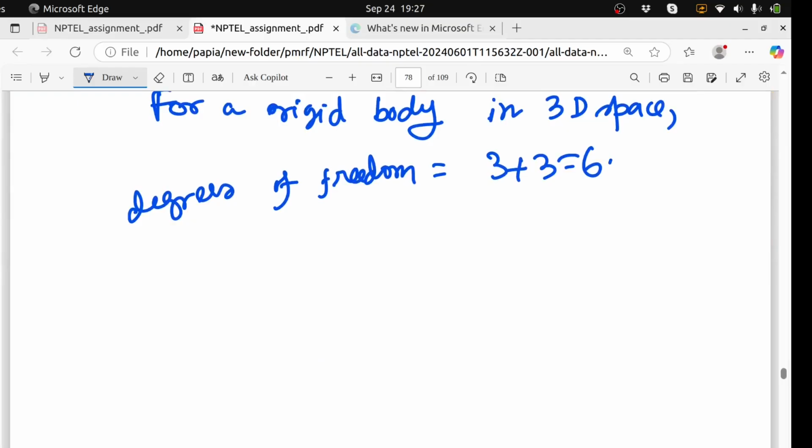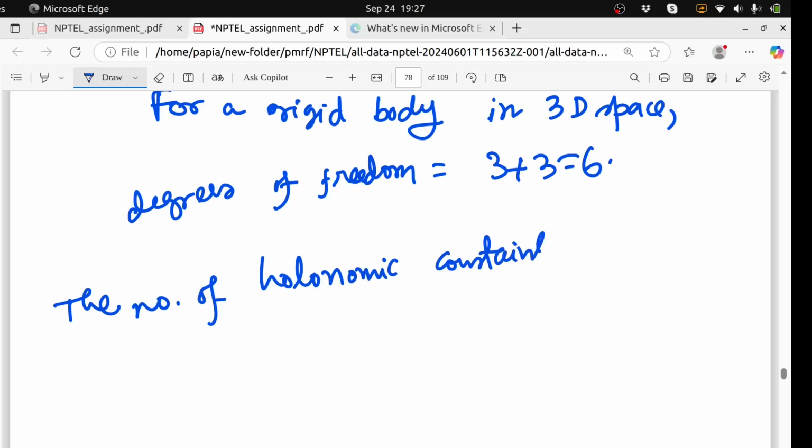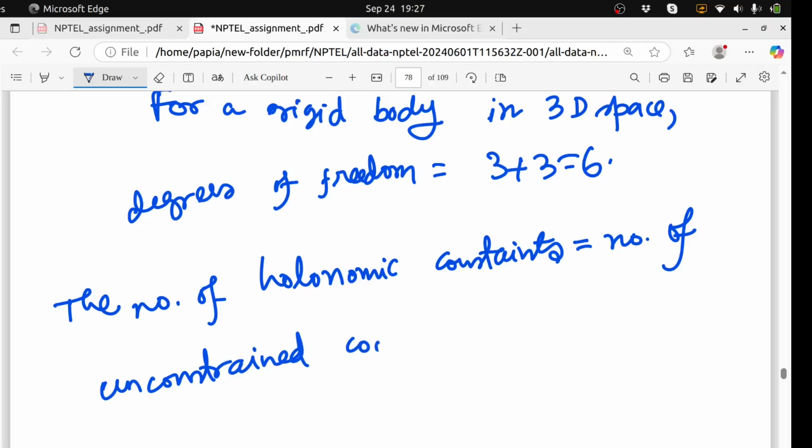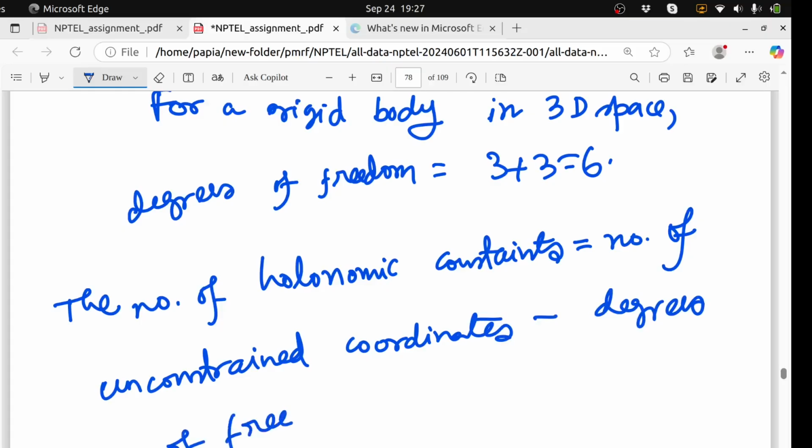Now, the number of holonomic constraints equals the number of unconstrained coordinates minus the degrees of freedom.